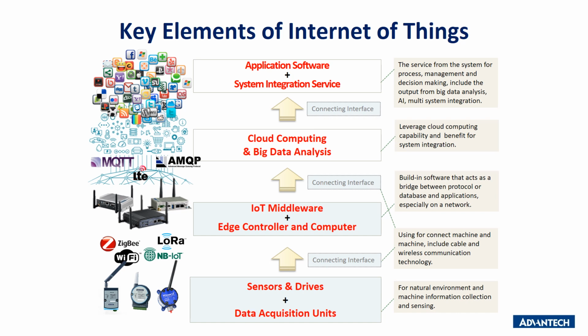The last layer is application software and system integration service. The service from the system for process, management, and decision-making includes the output from big data analysis, AI, and multi-system integration. The other key element is the connecting interface, which is used to connect machine and machine, including cable and wireless communication technology. The four layers form the elements of the Internet of Things.